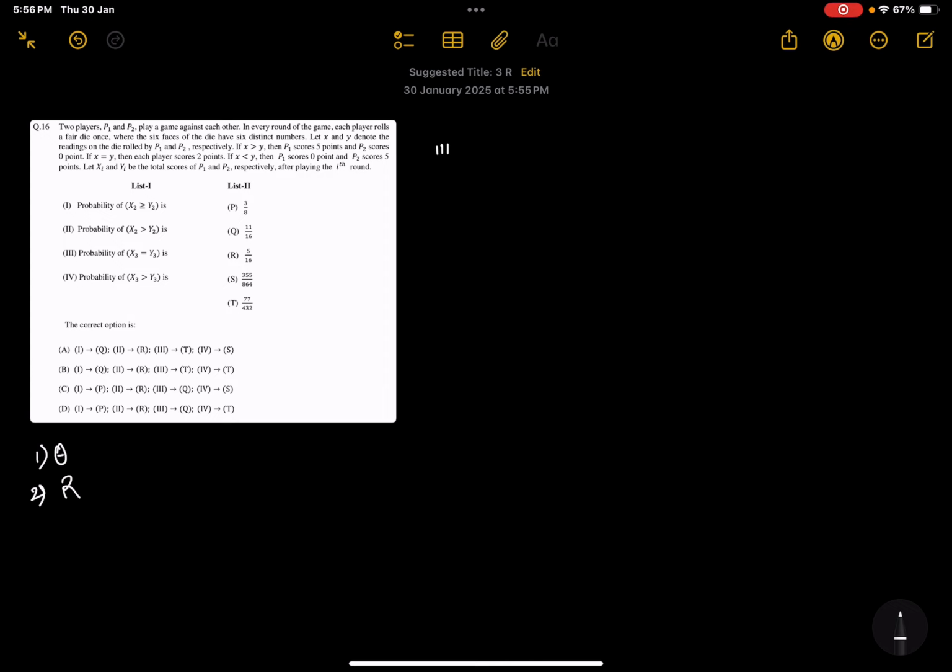So for the third, P(X3 equals Y3), that will be all three are tied. Yeah, these are the two cases.